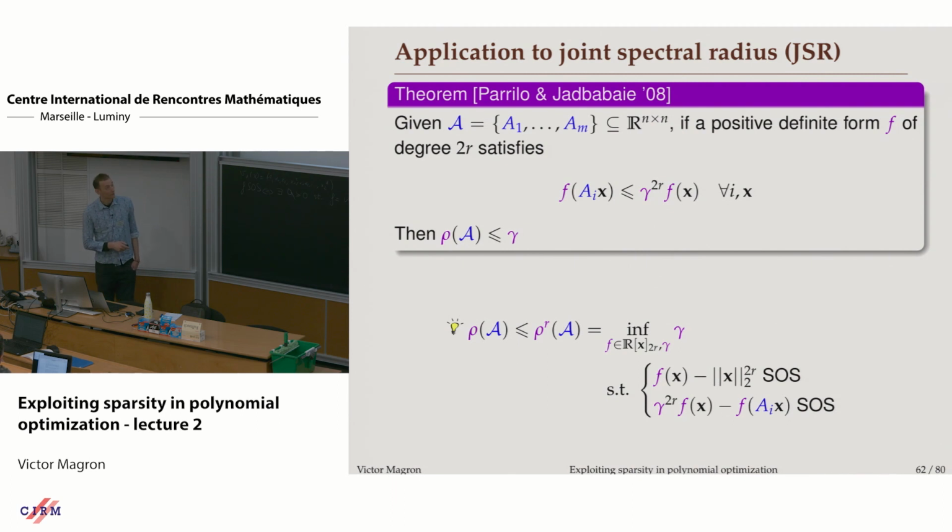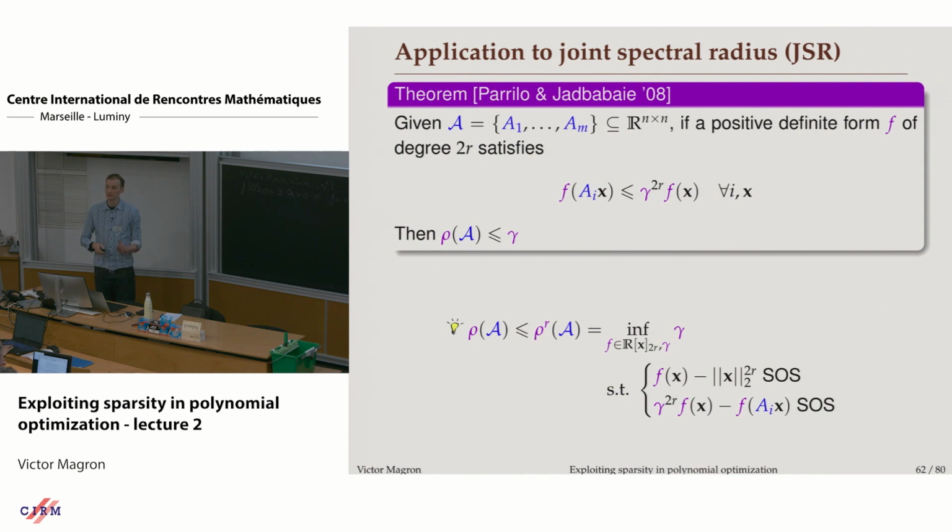But then there is a small issue. This problem here is not equivalent to an SDP. Why is that? Because here you multiply something unknown, gamma, by something unknown, f. This is a bit annoying, but it's not too bad because you can do a bisection on gamma.